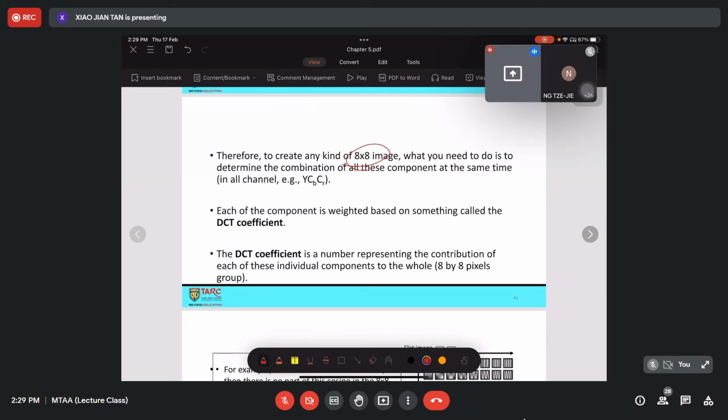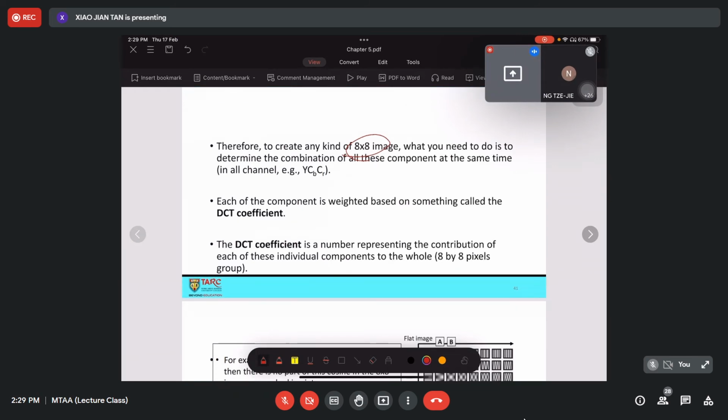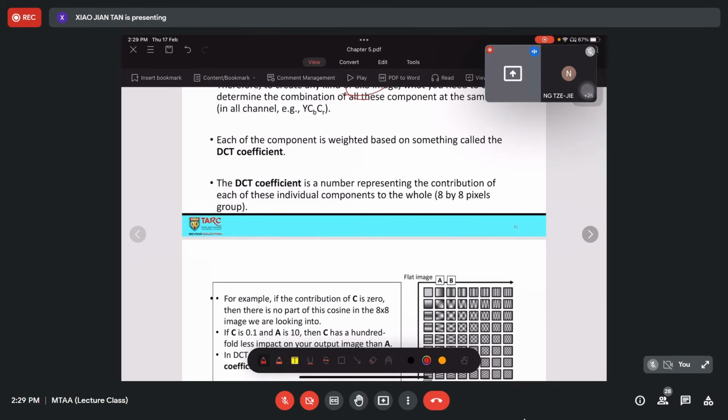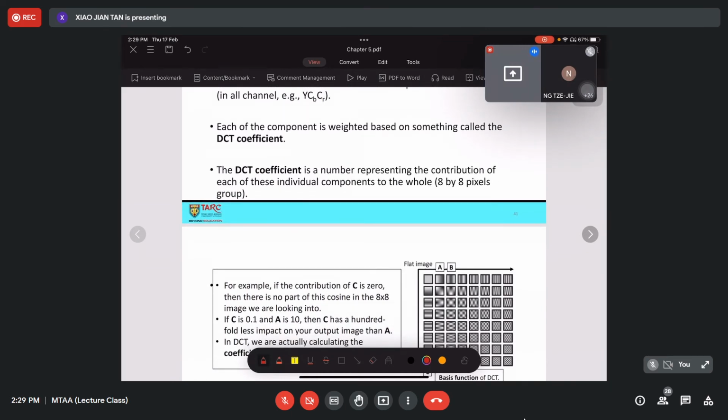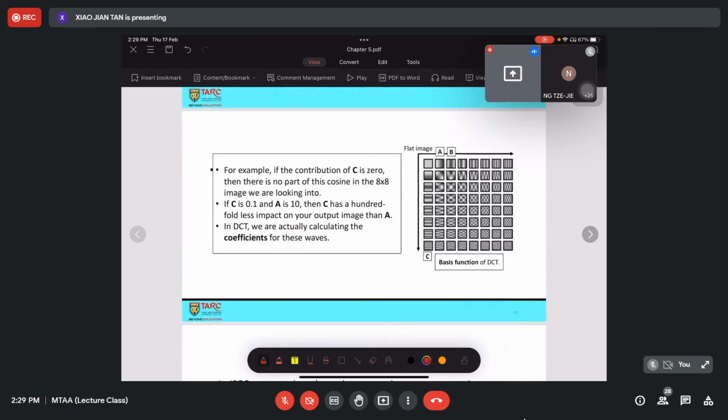For example, YCbCr, which is one of the color models used especially in televisions. Each of the components is weighted based on something called the DCT coefficient. The DCT coefficient is a number representing the contribution of each individual component to the whole 8 by 8 pixel group.